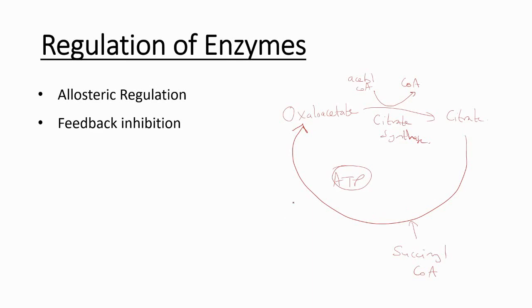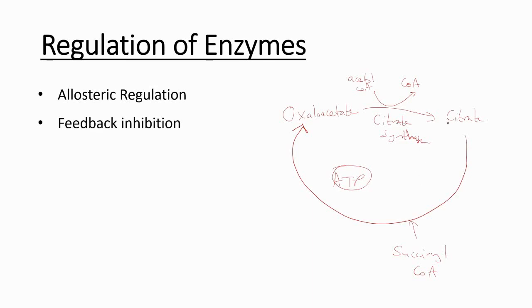Another way inhibition occurs is by competitive inhibition. For example, citrate can bind to the active site of citrate synthase and prevent oxaloacetate from binding. So if citrate accumulates, or if there's a lot of citrate, it suggests that other steps further down this pathway are slow or they have stopped.